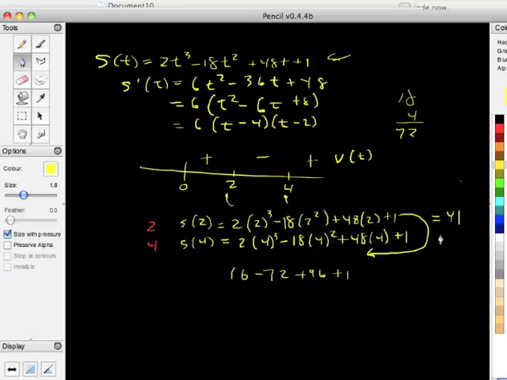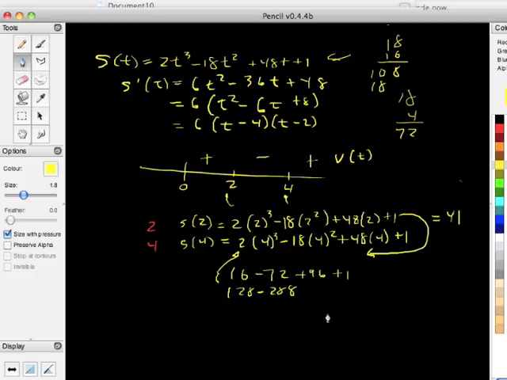So we have 41 as our position there, and for this one right here, 4 cubed is 16 times 4, which is 64, times 2 is 128. 18 times 16, let's do that. That's 288, minus 288.